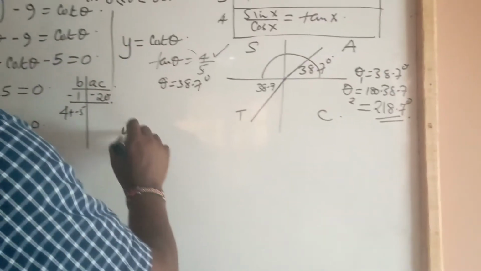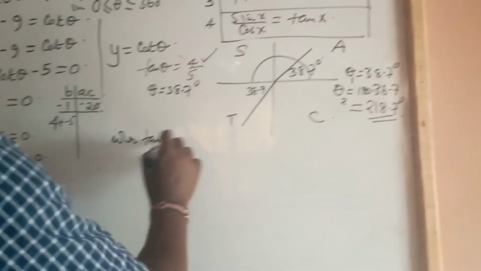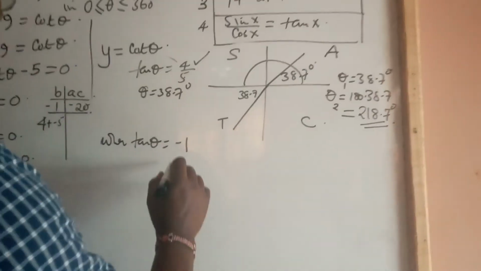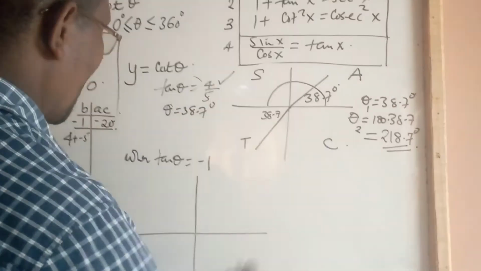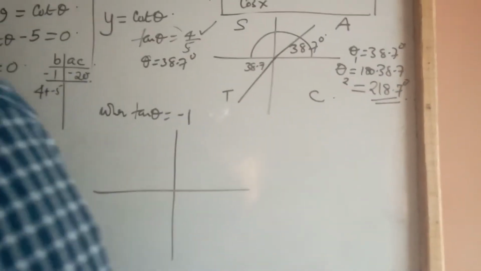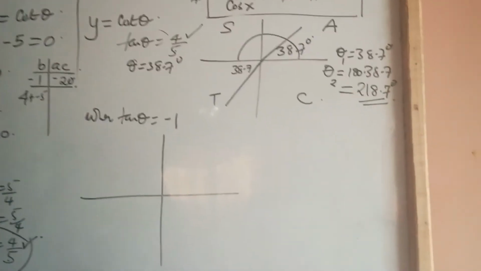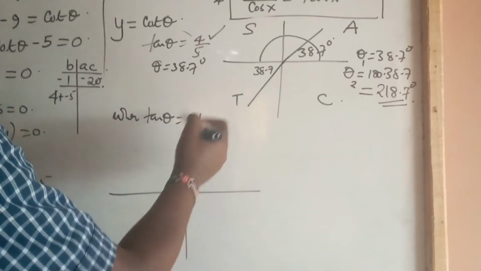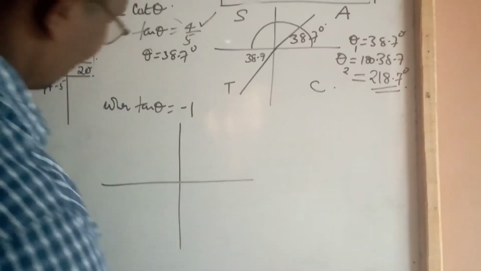What about when tan theta is -1? When tan theta is -1, again we go to the unit circle, and we know that the tangent inverse of 1 is 45 degrees. But you can see this one is already negative.